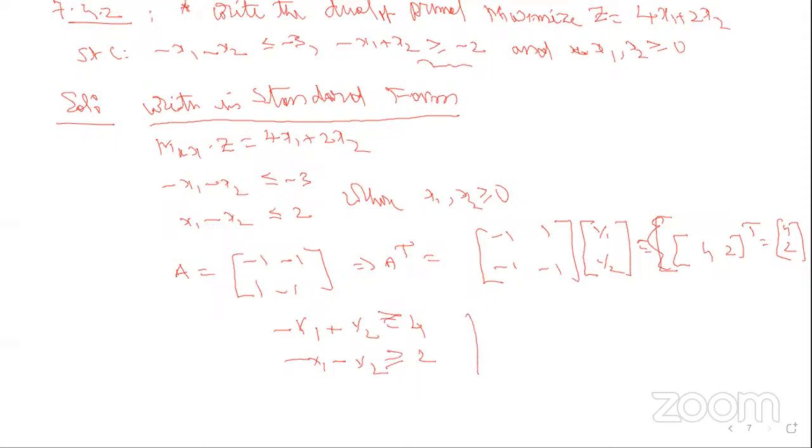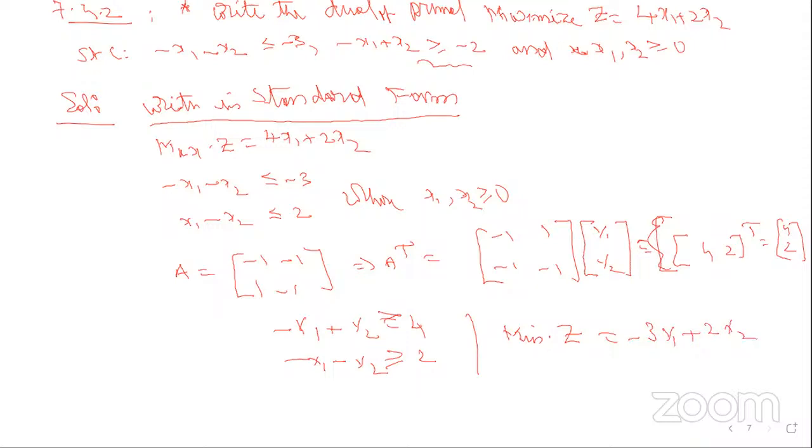Next, here max z is there. Convert into min z. Minimize z equal to minus 3 y1 plus 2 y2.